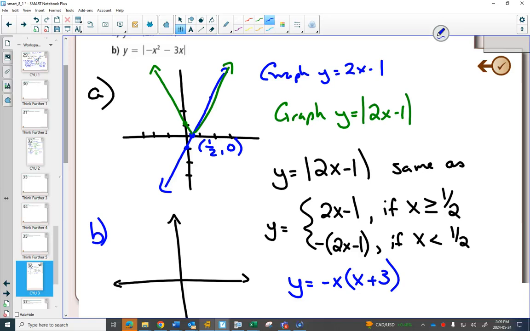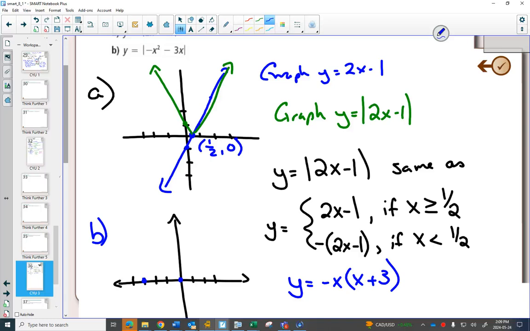What's really nice about that is you will find that in factored form, you can find the x-intercepts: one is at 0 and one is at -3. Which way does this parabola go? It goes down.